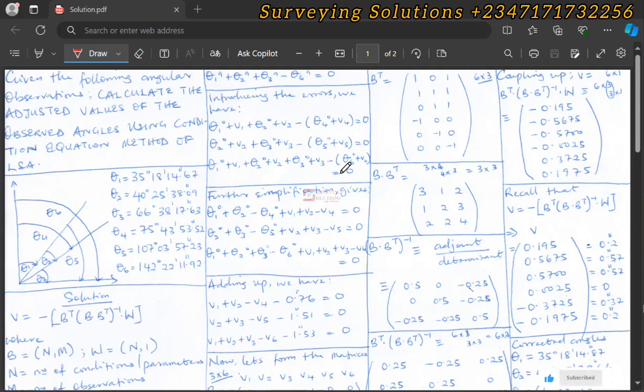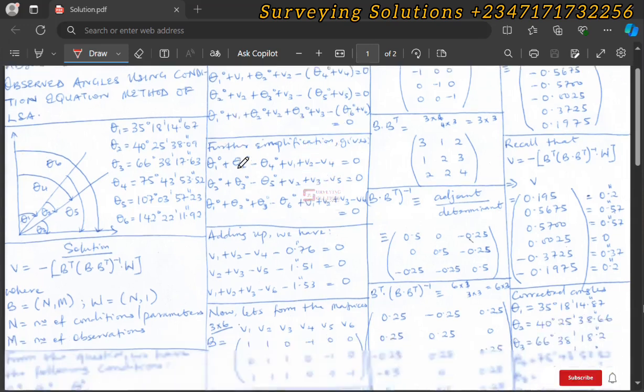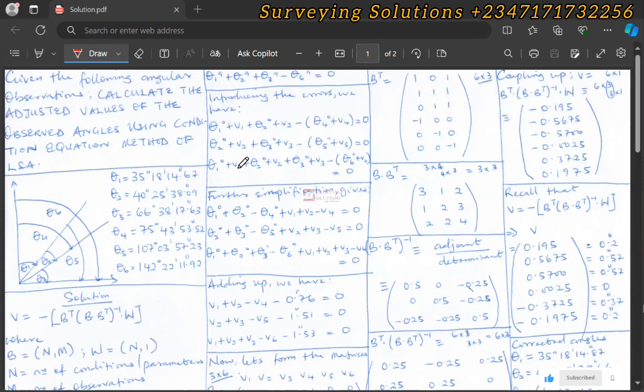Are we together? Now when we simplify further, which means we want to open this bracket, or we have opened this bracket, and then we have also collected like terms. By collecting like terms, we have moved all the observed angles to one side, and then we have also moved all the residuals to one side, still on the left hand side anyway, right?